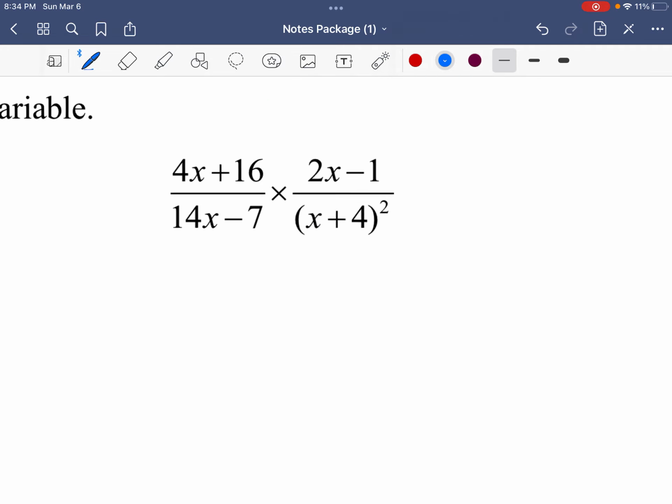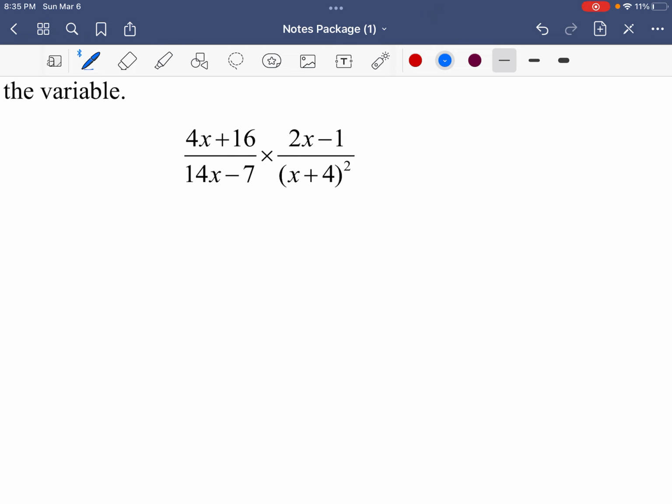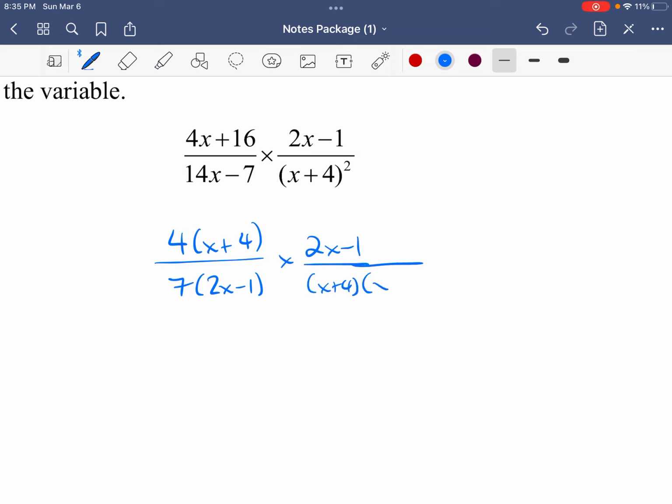Okay, taking a look at this next one here. First of all, let's factor the numerator. So 4x plus 4, and then 7, 2x minus 1, multiplied by 2x minus 1 over x plus 4, and I'm just going to expand this x plus 4 squared.